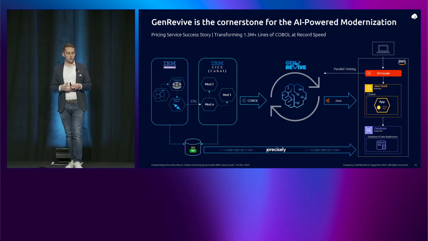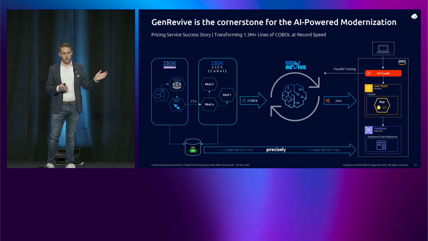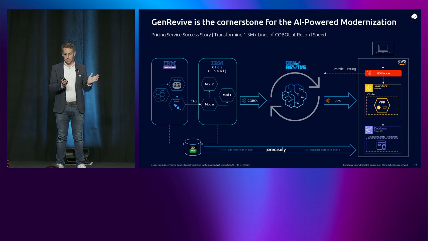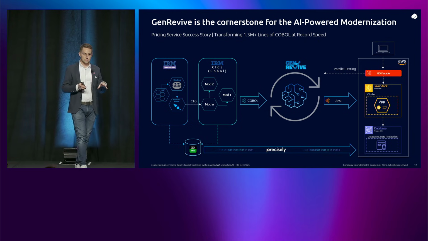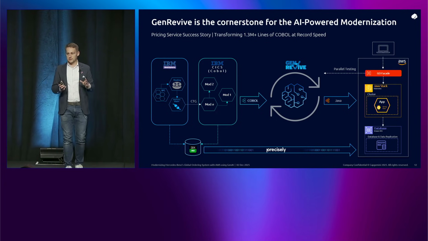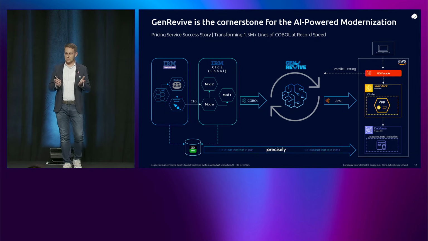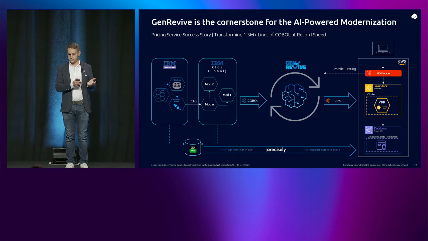And there is still one problem. The COBOL part and the Java part have been accessing the same database. And it's a pricing service, but in fact, it's also part of the whole global ordering system. So the data in that specific case still exists on the mainframe.